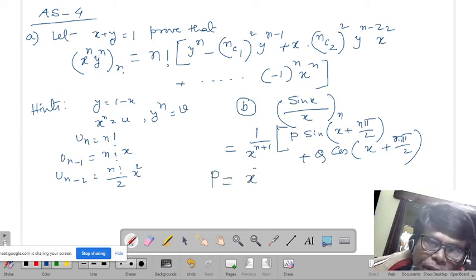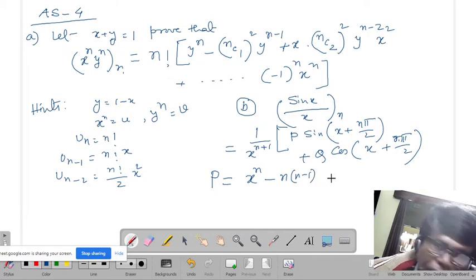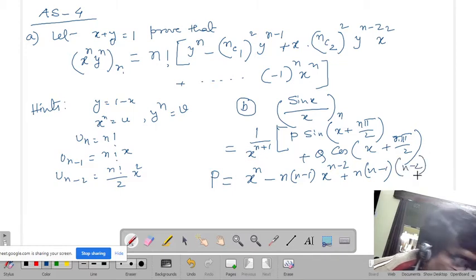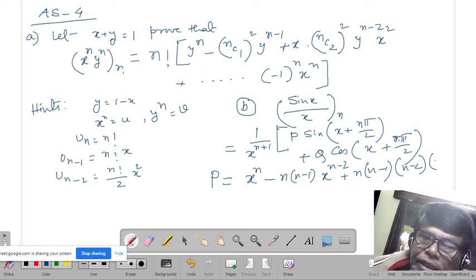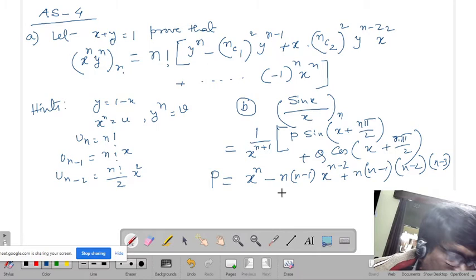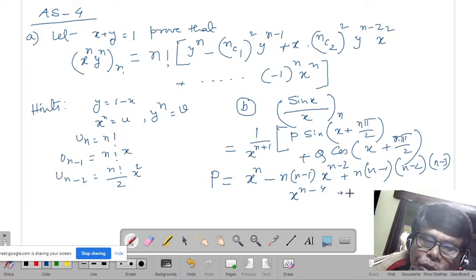x to the power n minus n into n minus 1 x to the power n minus 2 plus n into n minus 1 into n minus 2 into n minus 3 into x to the power n minus 4 plus dot dot dot.